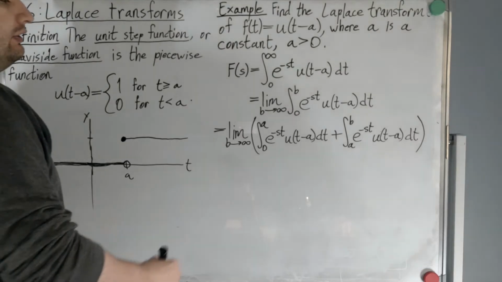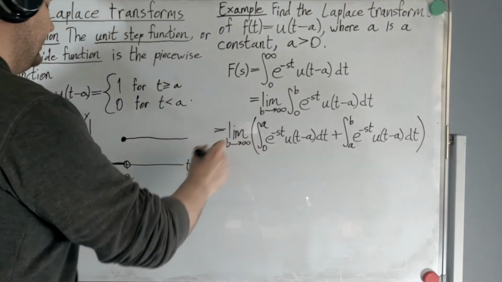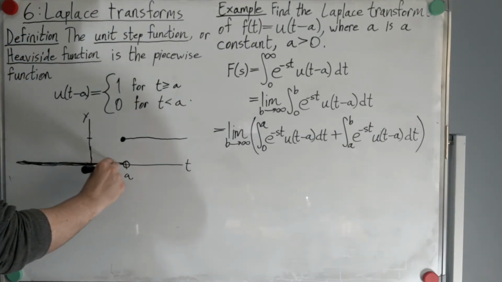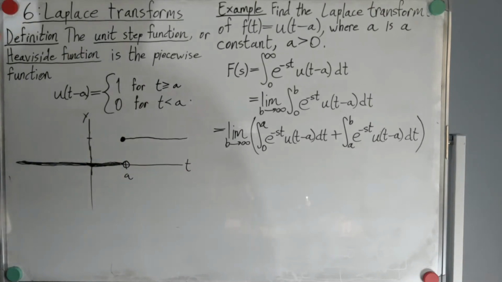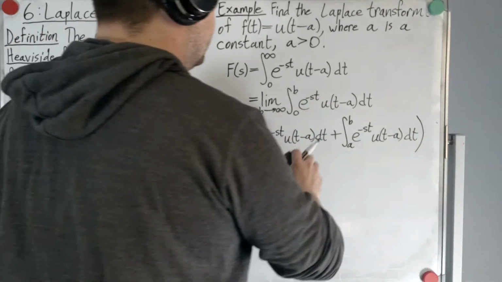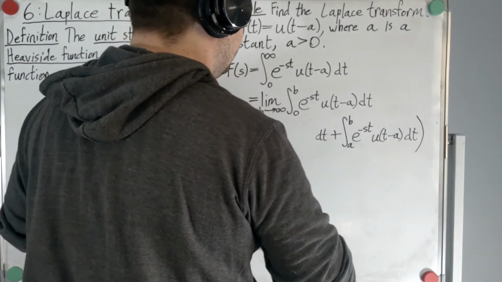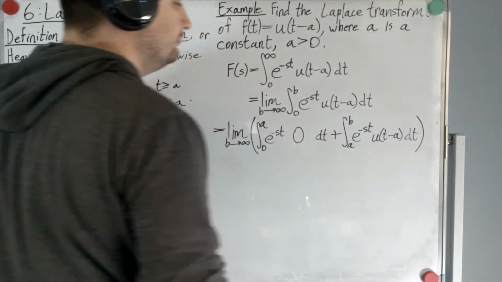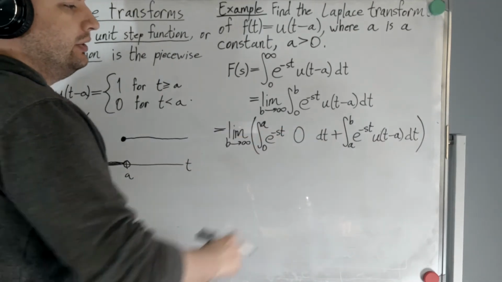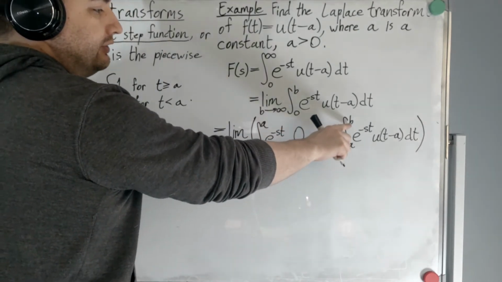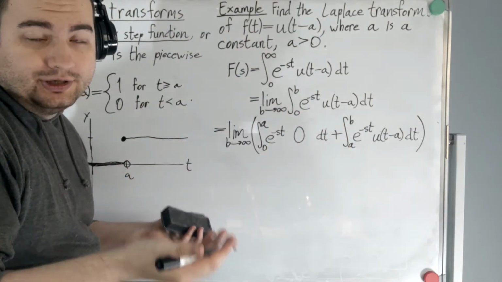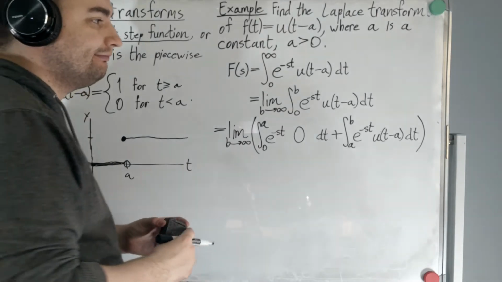So if a is greater than 0, then we're integrating from 0 up to a of 0. U of t minus a is 0 in that location, so we can just replace this u of t minus a with a big 0. And then over there, u of t minus a from a up to b, b presumably is greater than a, because b is approaching infinity.